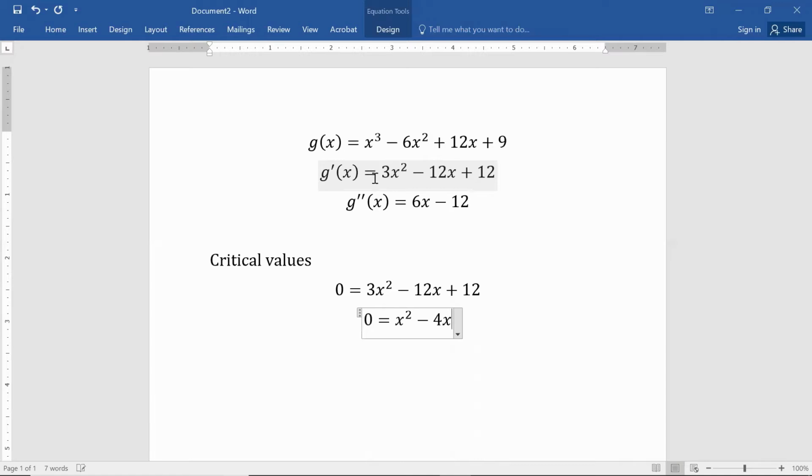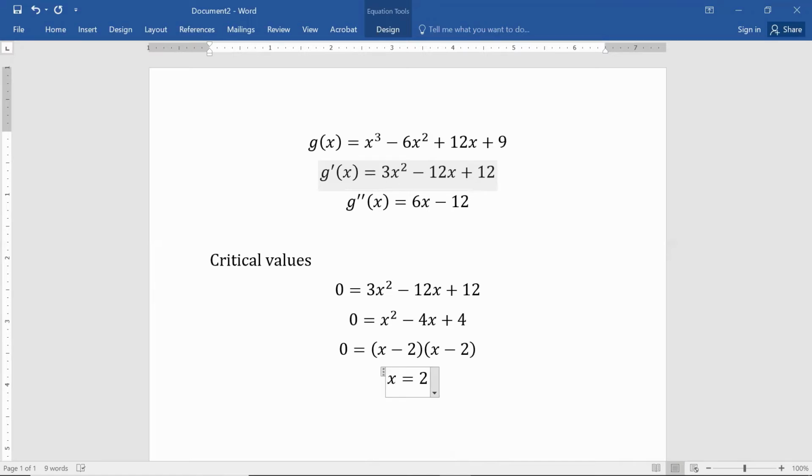Now that factors as x minus 2 times another copy of x minus 2. So the critical value happens only at x equals 2. So we have one critical value happening at x equals 2.